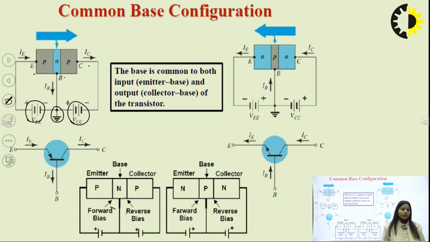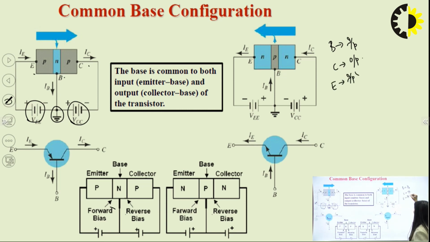This is the key point for deciding which configuration is given in a numerical, or which configuration has been asked about. The base can be given only input, the collector only gives output, but the emitter can be both input and output.